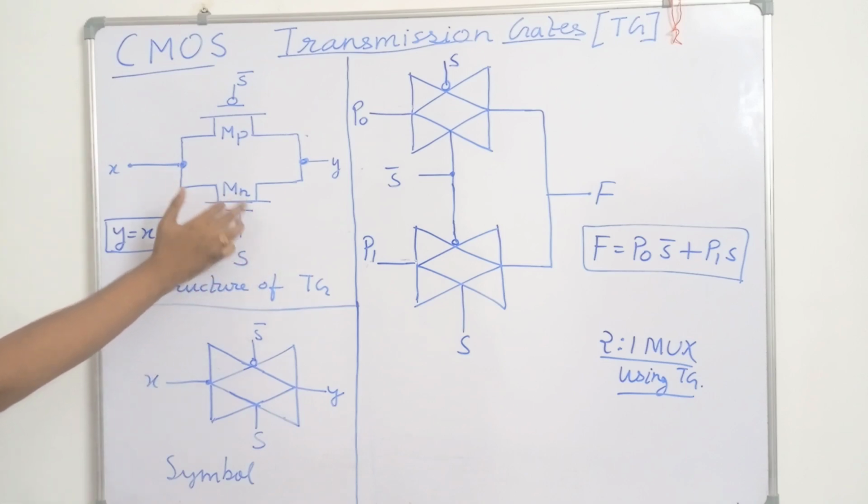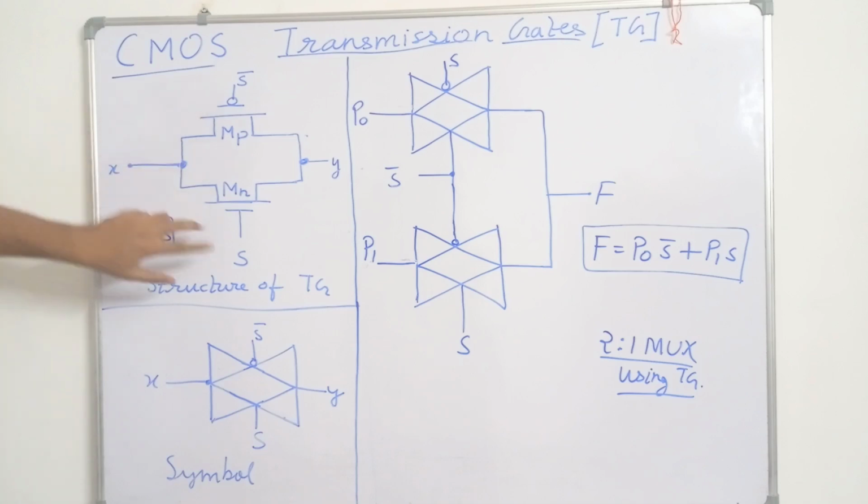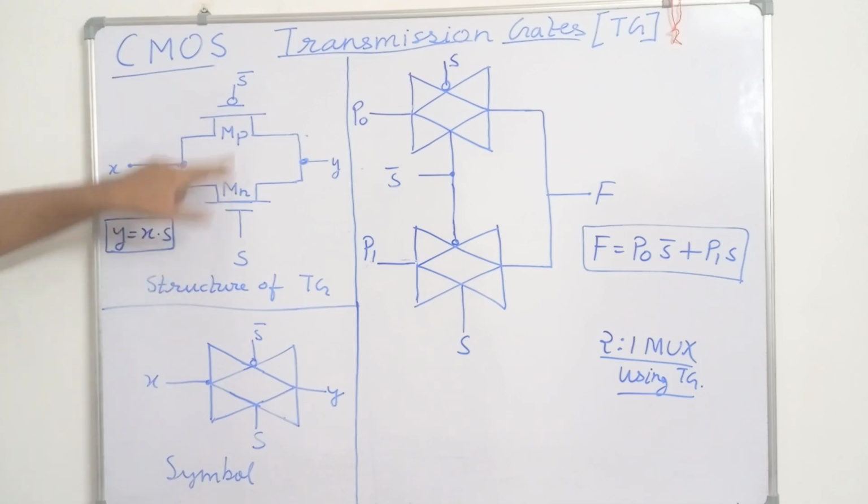When the gate of this NMOS is connected to a high signal, then the transmission gate will provide a good conducting path. The only drawback of the transmission gates is that they require two FETs and also an inverter, because we have to complement S to get S bar.